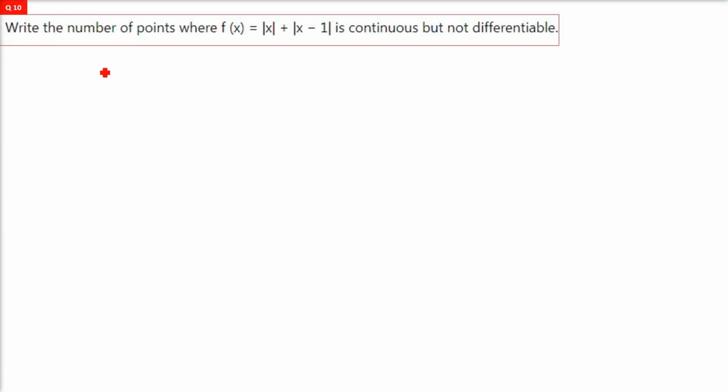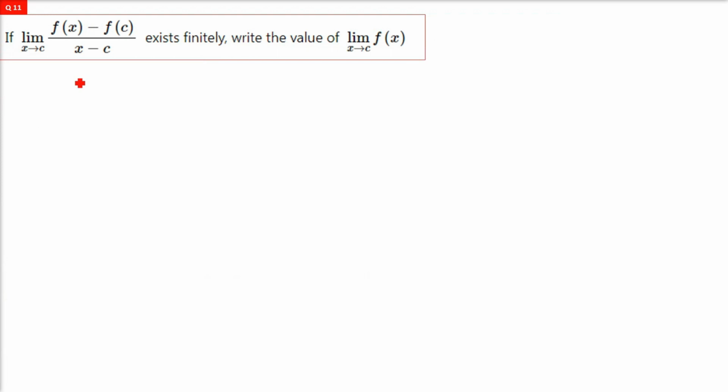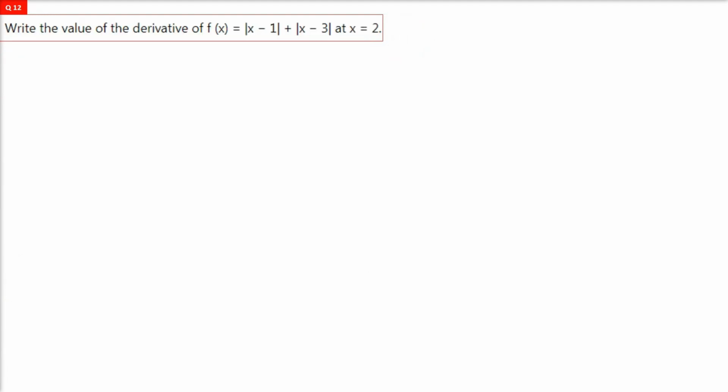Write the number of points where f(x) equals mod x plus mod x minus 1 is continuous but not differentiable. Okay. So if you just go to 10.1 exercise, we have done this question a number of times. See, there is one more question coming which is of almost the same logic.